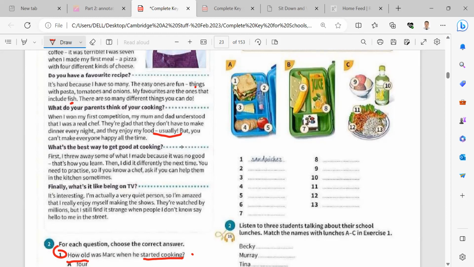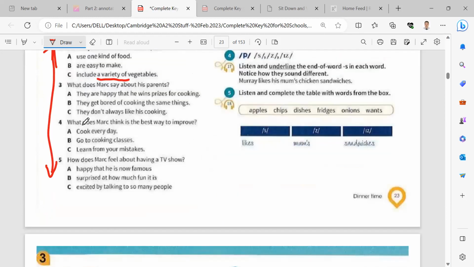Not 100%. So that's why he mentioned you can't make everyone happy all the time. But they understood that he was the real chef. Exactly. So the right answer here, based on his sentences, what does Mark say about his parents?